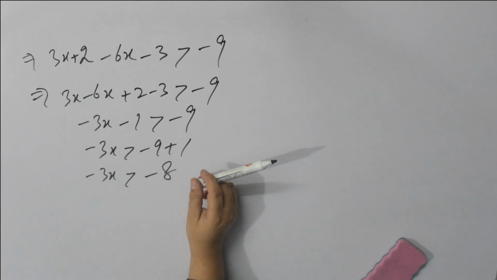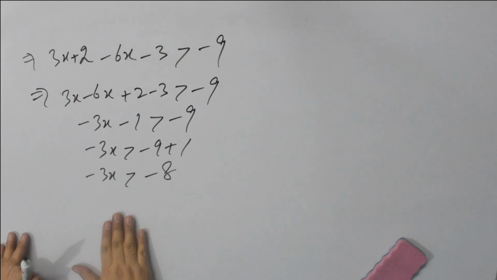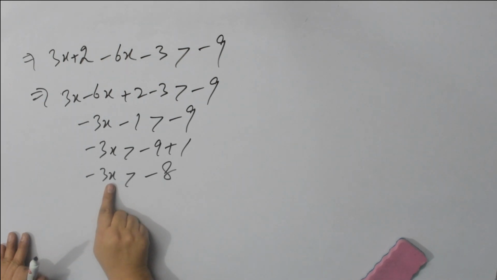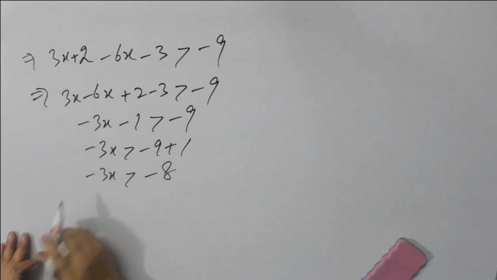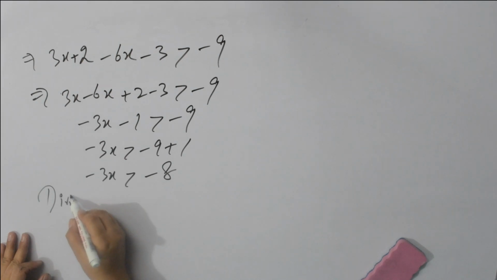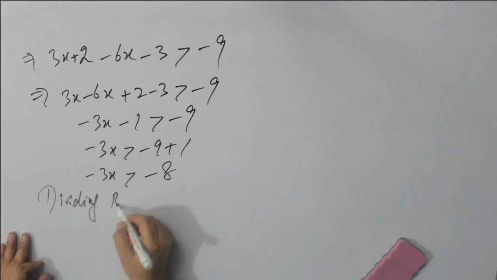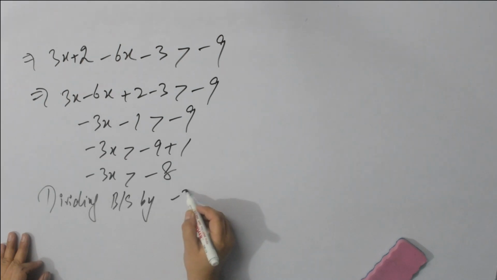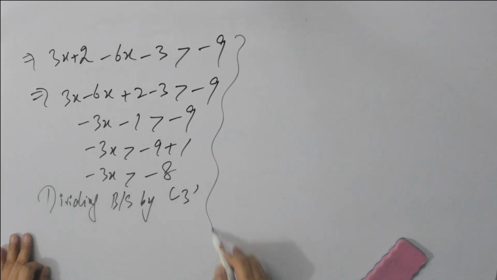Okay. Now the time is to find the value of x. To find the value of x, I have to divide both sides by its coefficient, that is, divide both sides by minus 3. Yes, the same thing.